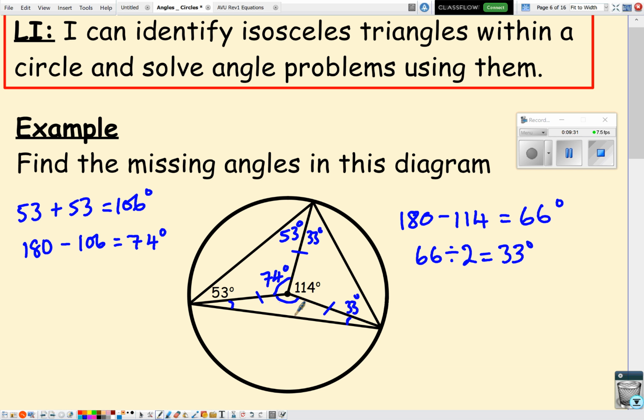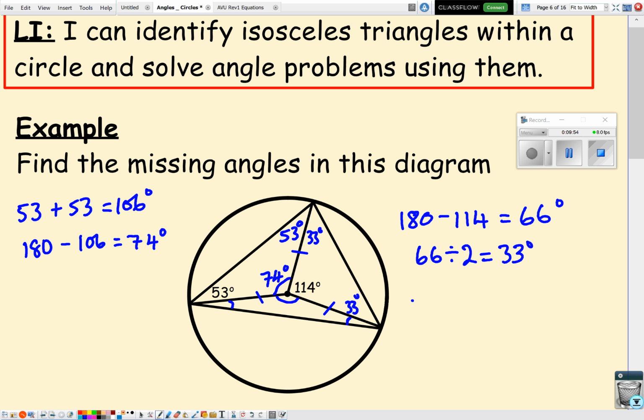Now, what you're going to find is in a lot of these exercises, you're going to be using angle properties that you've learnt about in first and second year to help solve these ones. And what you're seeing here is three angles around a point, 74, 114, and then if we take those two angles away from 360, then we're going to get the angle at the top here.